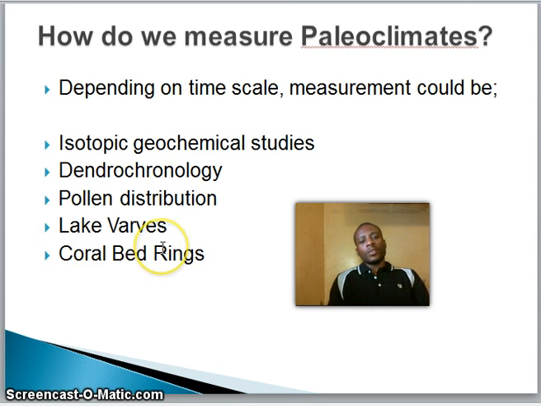Paleoclimatologists have used various methods which I've outlined here, including isotopic geochemical studies, dendrochronology, pollen distribution, lake varves, and polar ice beds. All of these methods boil down to what we call proxies, and proxies are natural data sets which mimic environmental change.